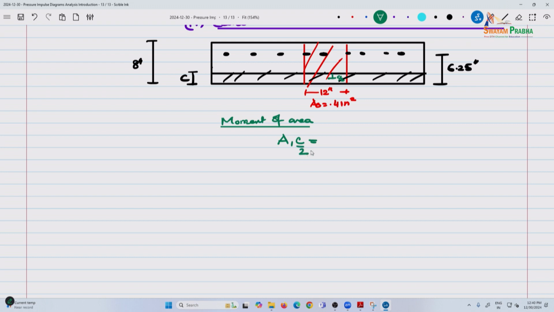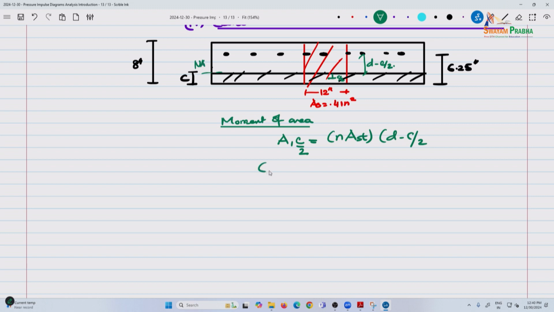So, A1 multiplied by C by 2 is equal to, the modular ratio is used, N A_S multiplied by this distance, which is D minus C by 2. So, we are taking moment of area about this point.